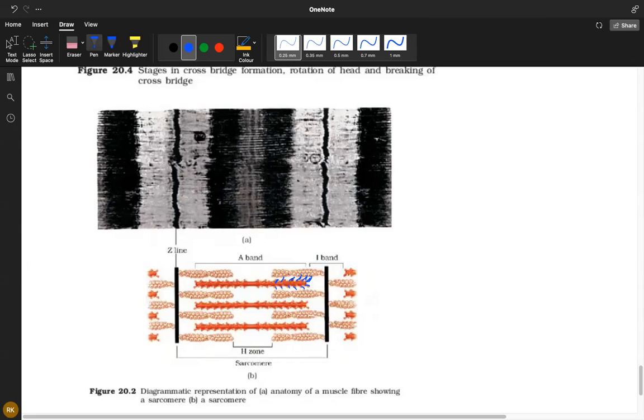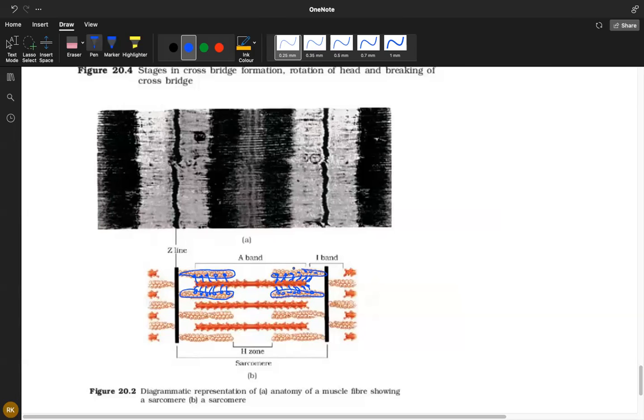There will be multiple places where this myosin will bind to actin, because, remember, at regular intervals there were binding regions for myosin on the actin filament. This kind of binding will happen here and also on the opposite side, because these are groups of myosin filaments, and they will bind with the actin filament here. This part is clear. So let's assume that all of them are under cross bridge formation.